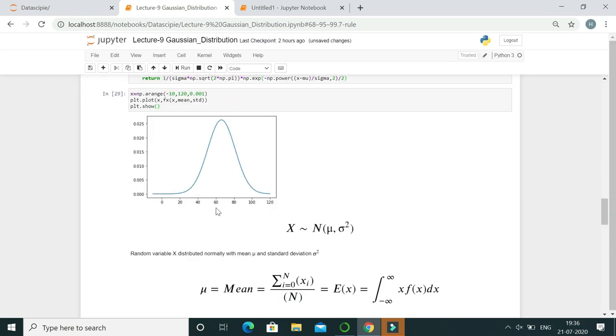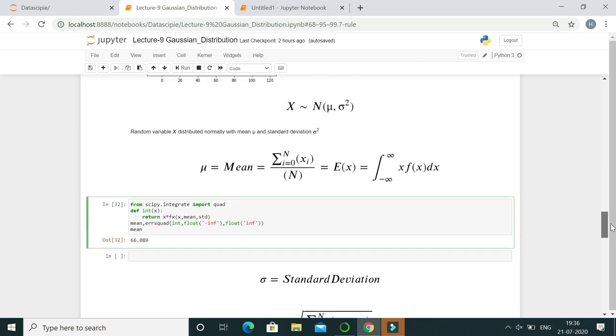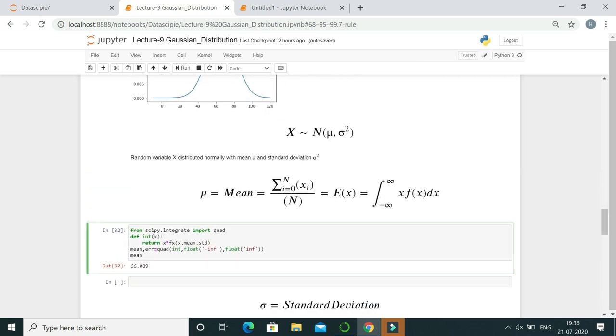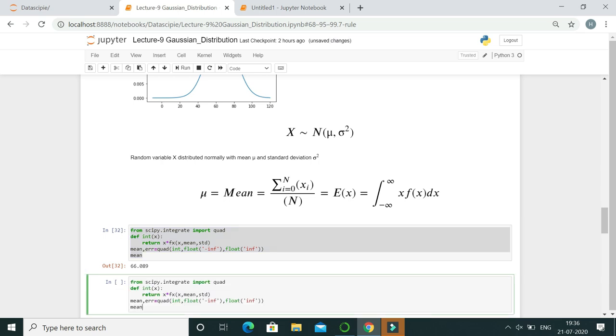Okay. Next, suppose we have to find the probability of a student scoring in between 60 and 80. For that, we have to take an integral of the equation in between 60 and 80. So just copy this code, paste it. Here we have to find the integral of f of x, so replace this by f of x.